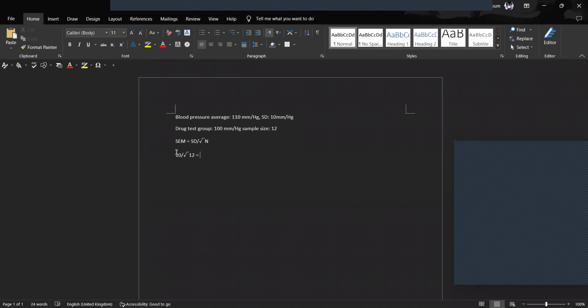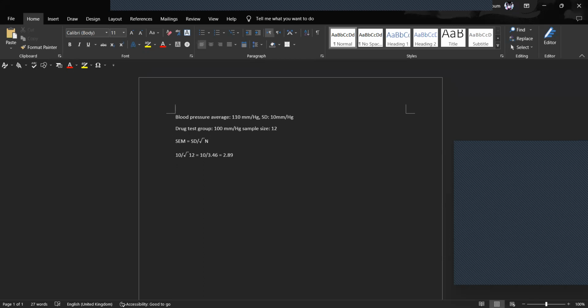Square root of 12 is 3.46, and then 10 divided by that gives us roughly 2.886 or 2.89. And so that's going to be our standard error of the mean.